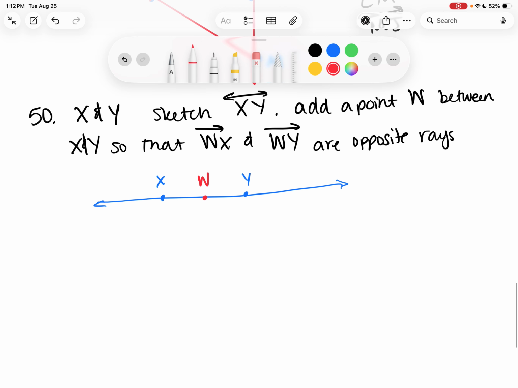All right, the next thing is another picture, but it's kind of different how they draw it.